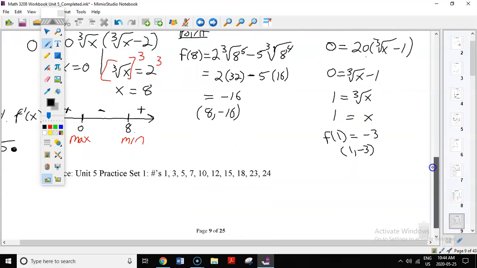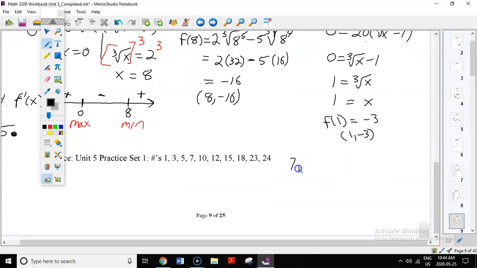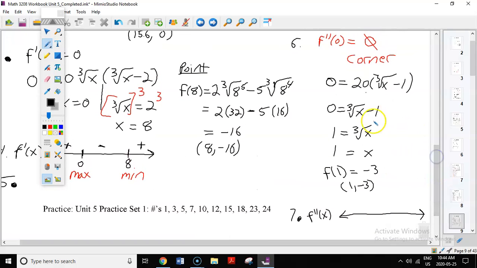So that's 6. 7 would be the sign diagram for the second derivative. The only point where the second derivative is 0 is at 1, but we've also got it undefined at 0. So we've got to use both of those. So 0 and 1.